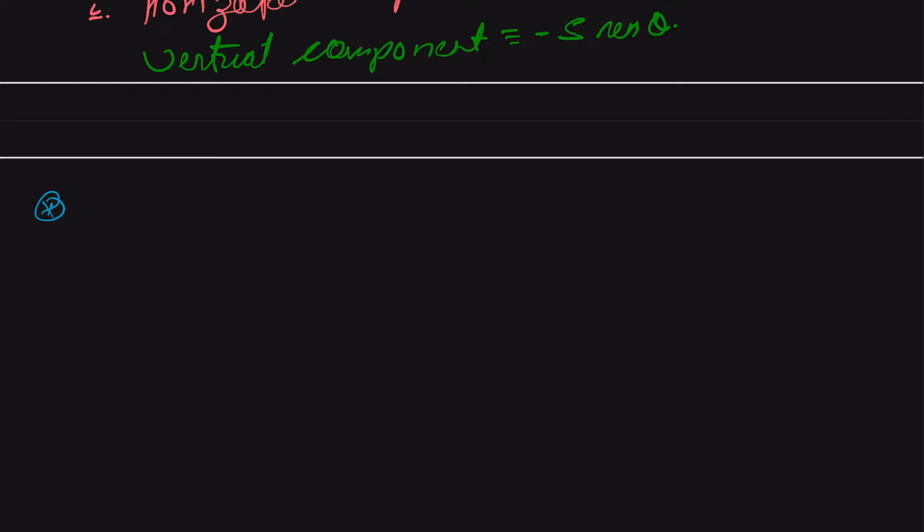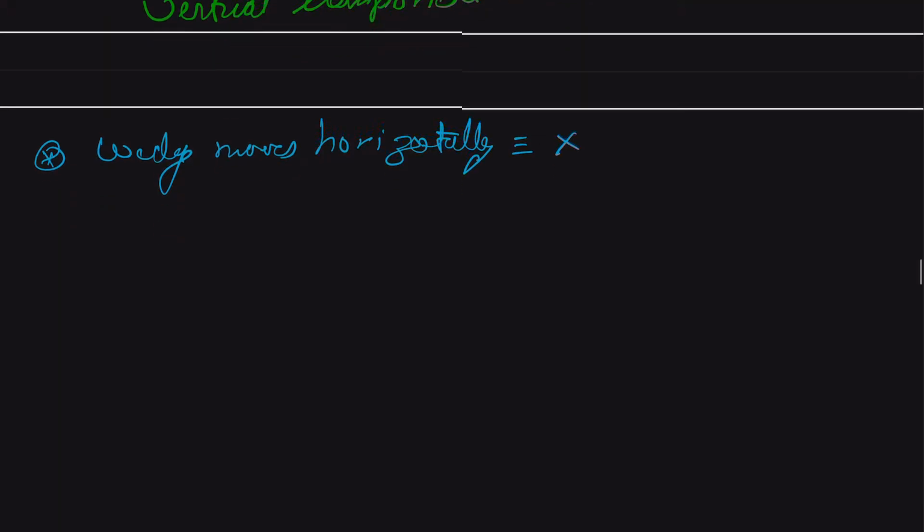We said that our wedge moves horizontally by a distance of x.